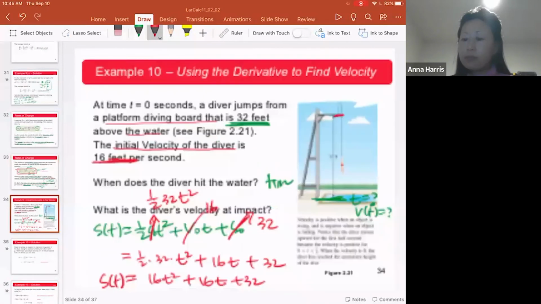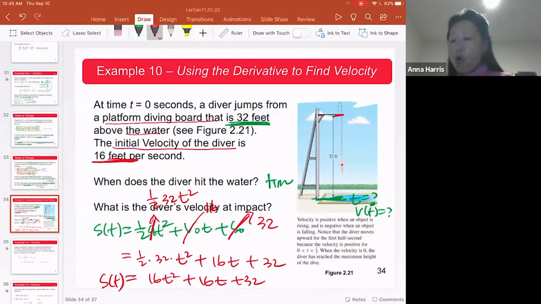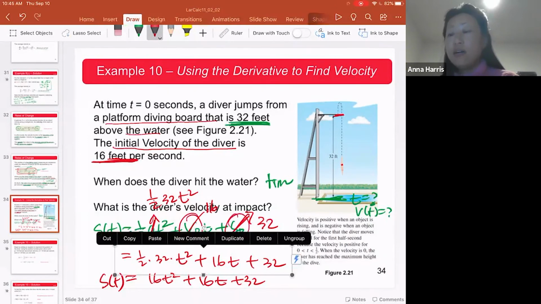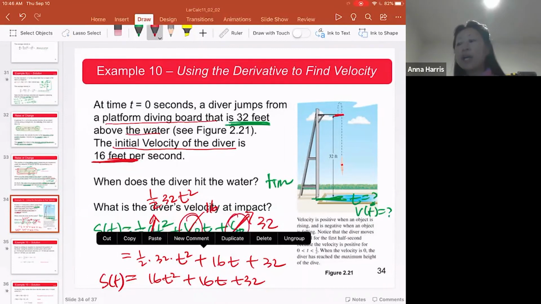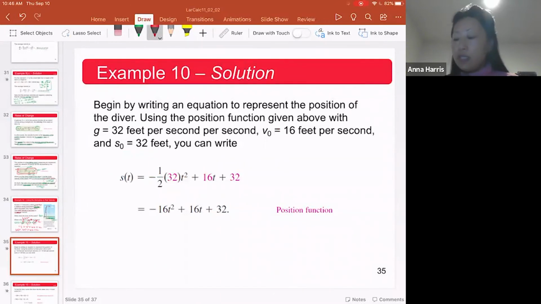And then you need to figure out what to put in for V naught, S naught, and G, okay? The G depends on what kind of units you use. Since they told you they're using feet per second, that's why you are using that.